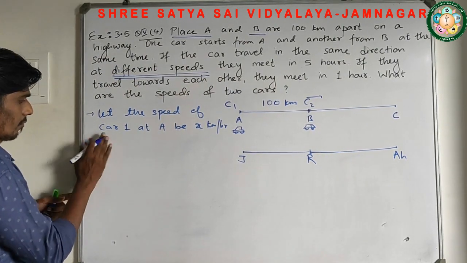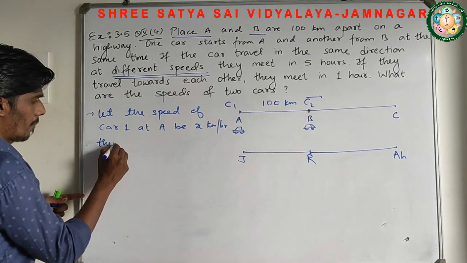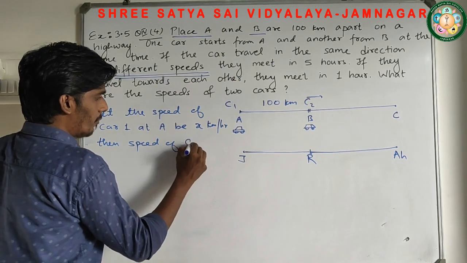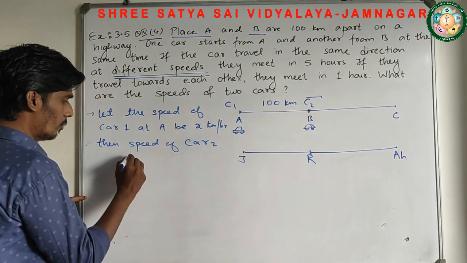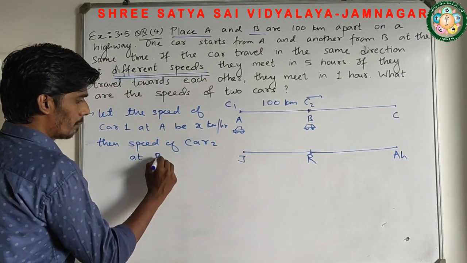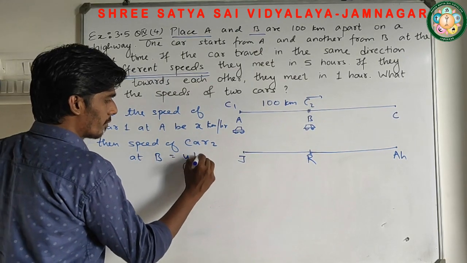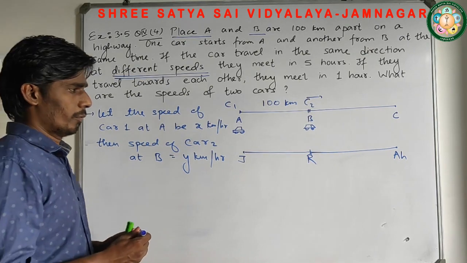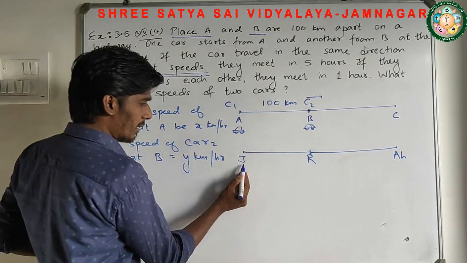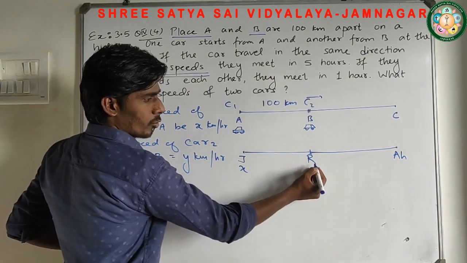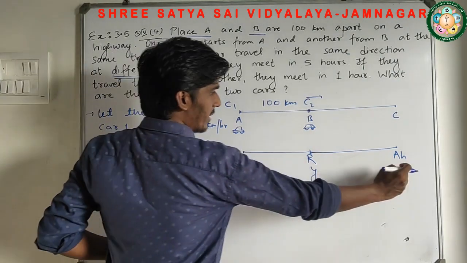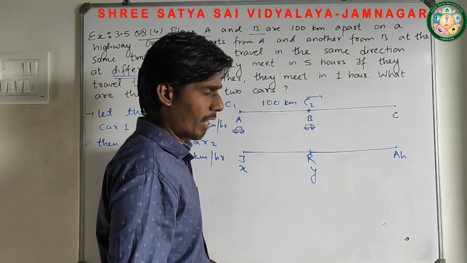Then the speed of car 2 at B equals y kilometers per hour. So the car from Jamnagar has speed x, the car from Rajkot has speed y. Both reach Ahmedabad after 5 hours.